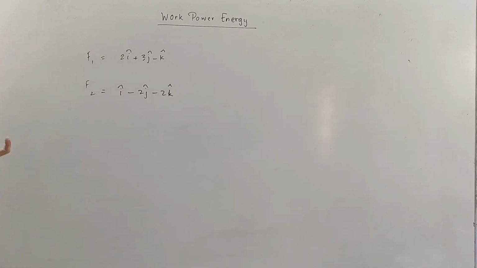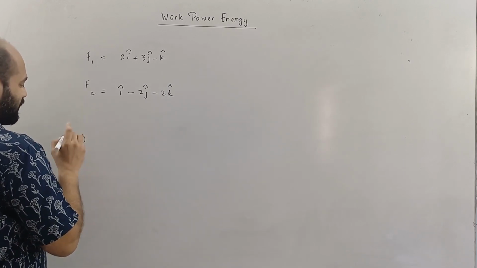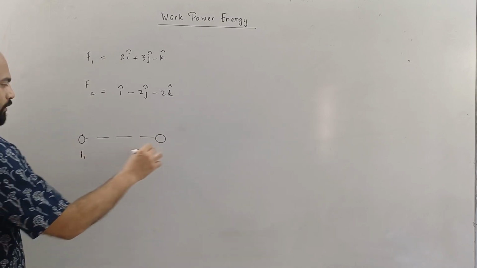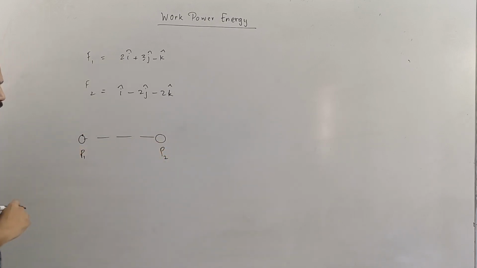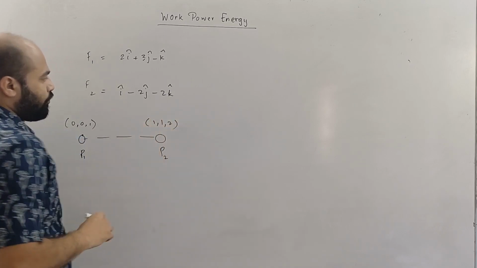Now under the action of these two forces, there is a displacement created. So let us say this is the particle and this is being displaced from this point to this point. So this is the point 1, this is the point 2. The point 1 is given as 0, 0, 1. Point 2 is given as 1, 1, 2.